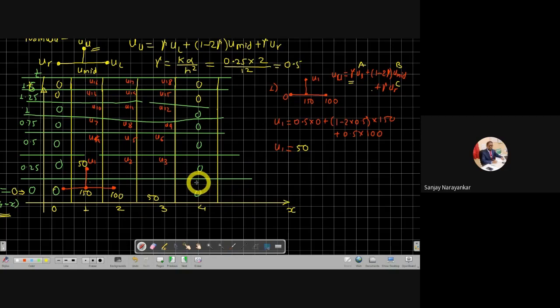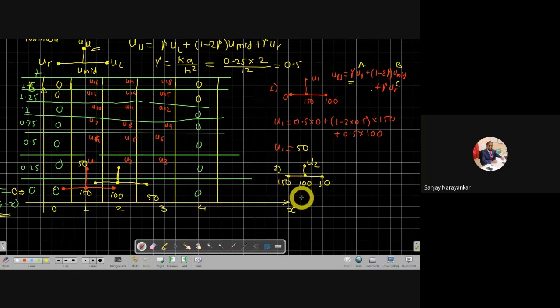Now we have to find out U2. Draw a vertical line and find left and right values, and this is going to be your middle value. You have to find out U2. The middle value is known to you, 100. This value is 50 and this value is 150.